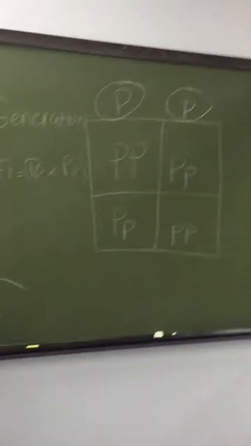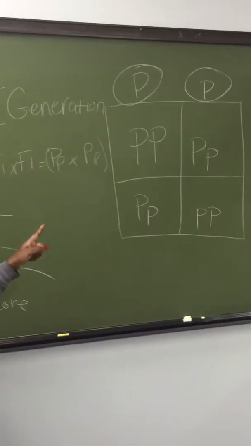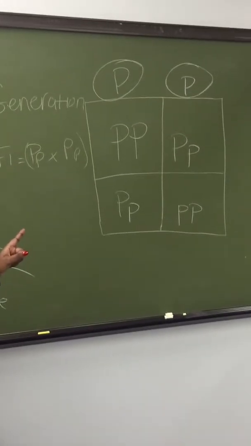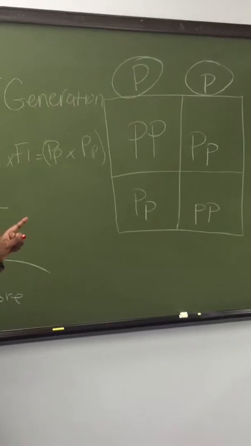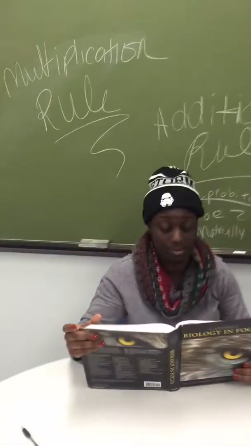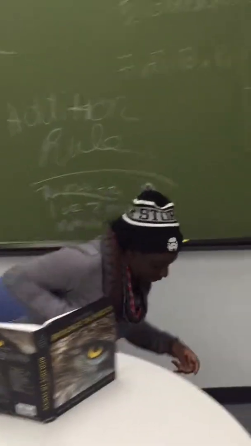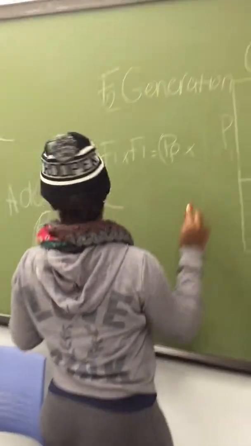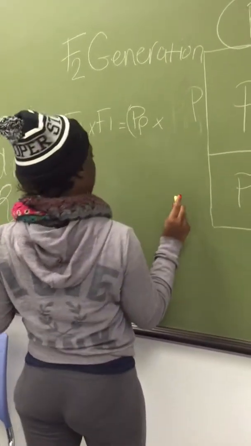We have big P at the top, little p at the bottom. The first Punnett square box, big P, second one, little p, because you have two P's on the side. Let me demonstrate. You have two P's and you have a little p.